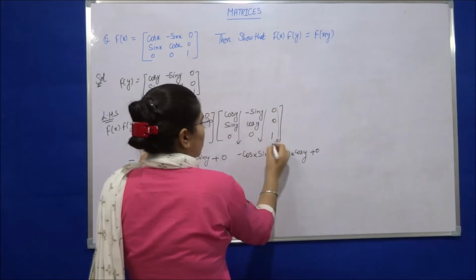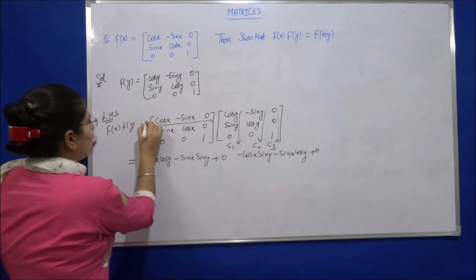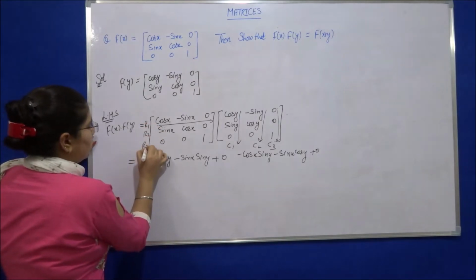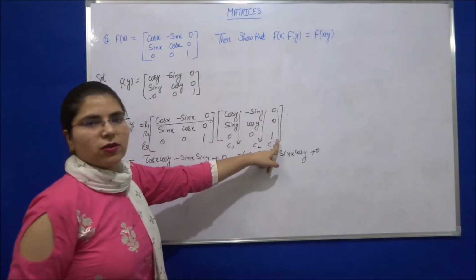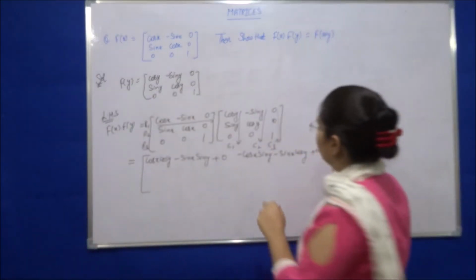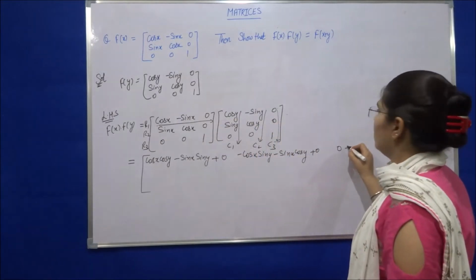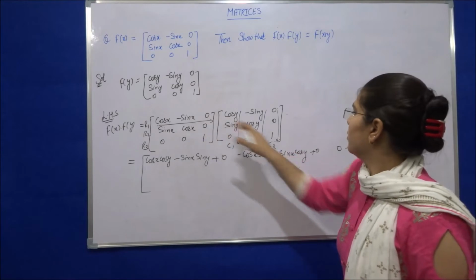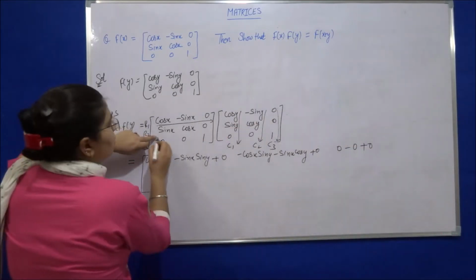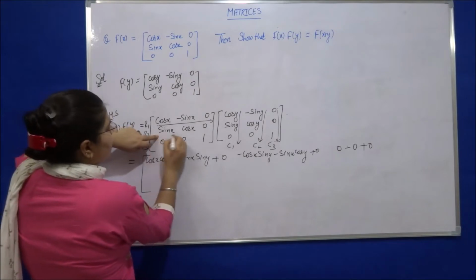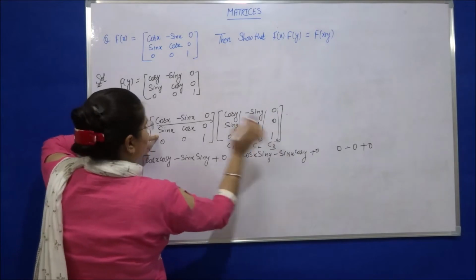This is our column 1, column 2, column 3, and this is our row 1, row 2, row 3. Now row 1 will be multiplied with the elements of column 3. It will be cos x into 0, sin x into 0 is 0, 0 into 1 is again 0. Again we will multiply the second row with the first column, then the second column and then the third column.